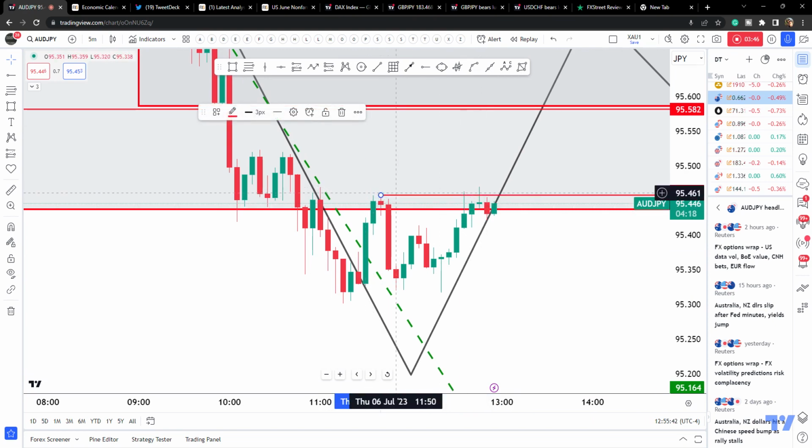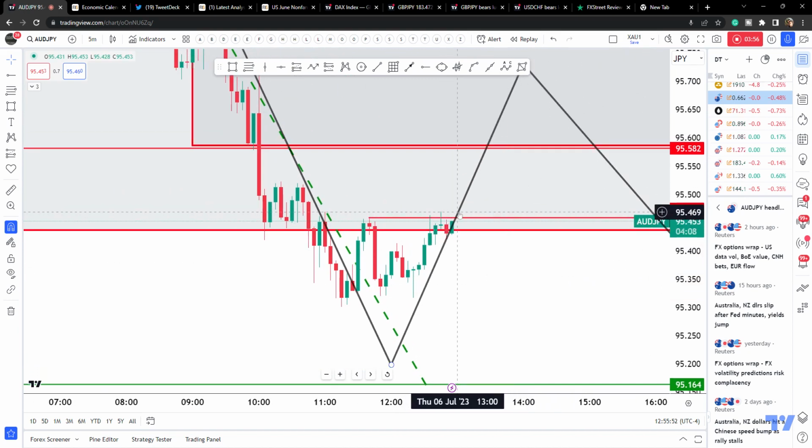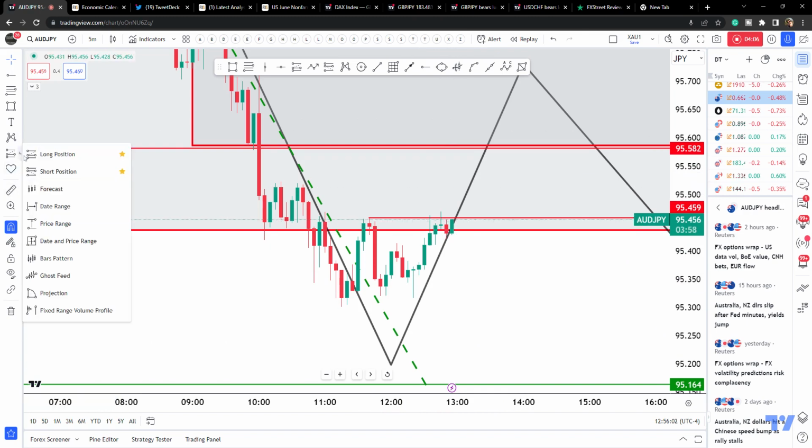We've got some wicks that have gone through it, but it's not really giving us confirmation that we're indeed about to move up. So what you're looking for is a break of that 5-minute structure, closes above, and then prospects of a move lower to come up.